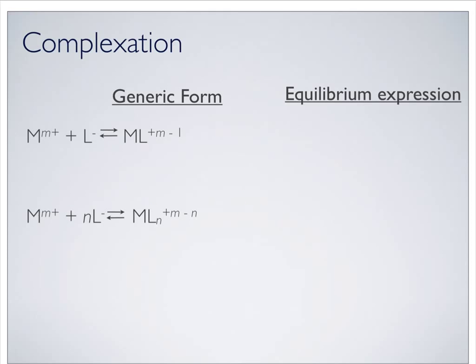So for complexation reactions, we can develop equilibrium expressions as follows. So K, and we'll use a subscript stab 1 to define this as a stability constant. It's going to be equal to, again, the activity of our product. So in this case, it's ML plus M minus 1.